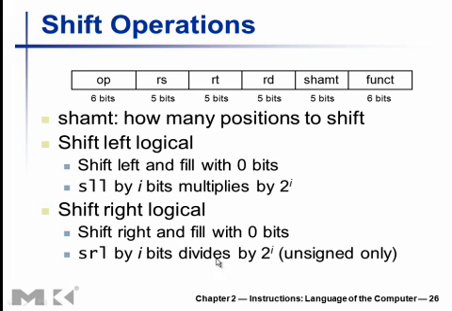This is for unsigned only, because if the most significant bit is 1, the number is negative, and shifting right would make it positive, which is not okay. We'll deal with the sign bits later.